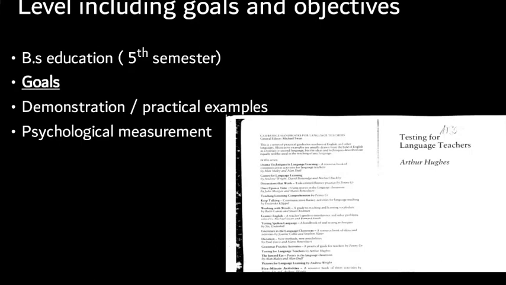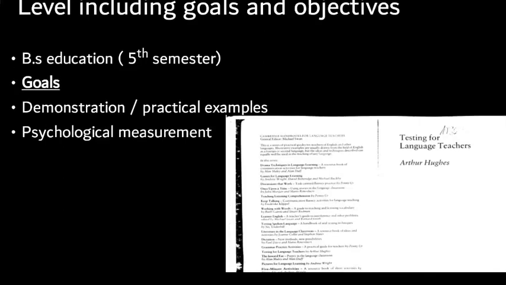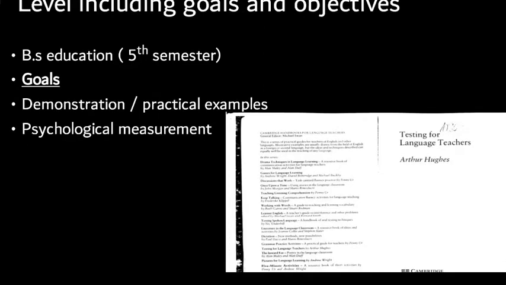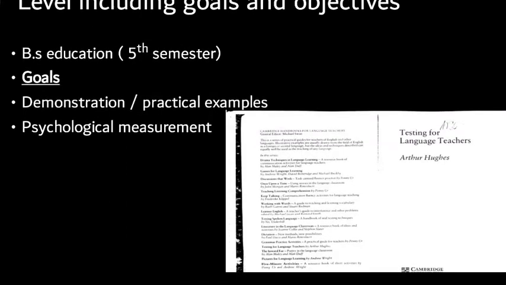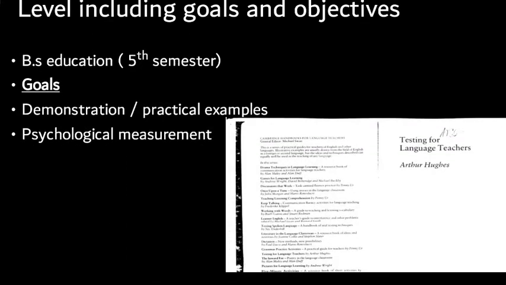Also, I wanted them to keep in mind the psychological differences, and to prepare the test on the basis of psychological measurements. So these two key goals and objectives I wanted my material to satisfy in my language class.